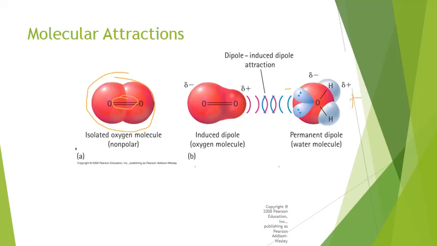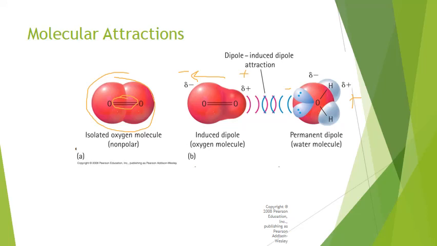The electrons of the oxygen molecule are going to be repelled in this direction, and therefore you're going to have a negative end, and then the other end is going to appear somewhat positive because the electrons have essentially shifted.